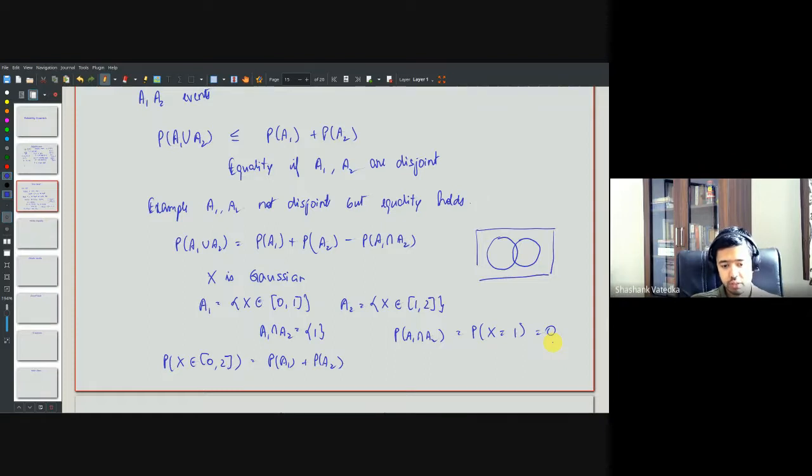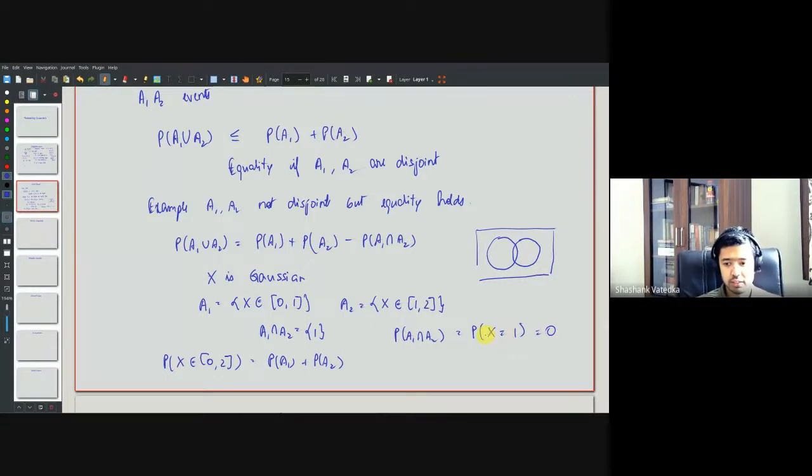All right. So as long as the length of the interval is non-zero, the probability will be non-zero. If the length of the interval is 0, then the probability is equal to 0. Or the length of the event, if your event can be considered as a collection of line segments or a collection of intervals, then only if the length of that is greater than 0, the probability of that particular event will be greater than 0.